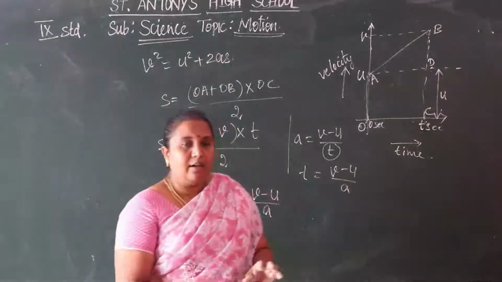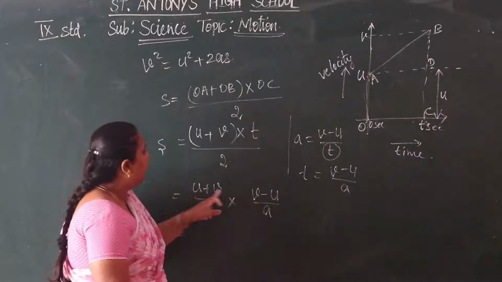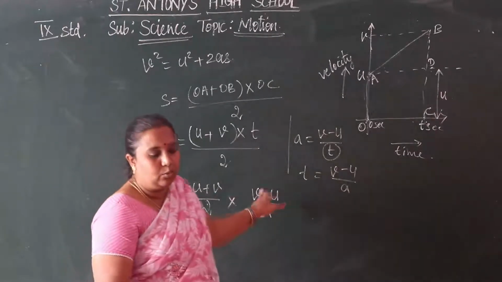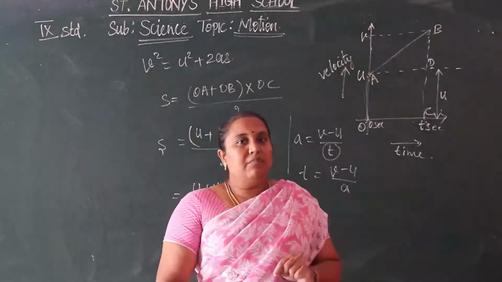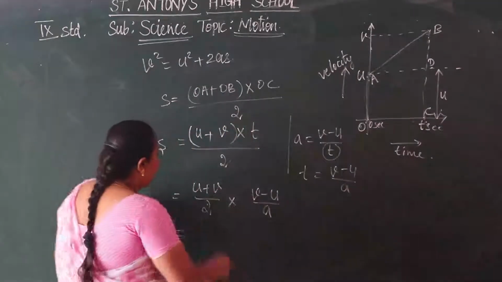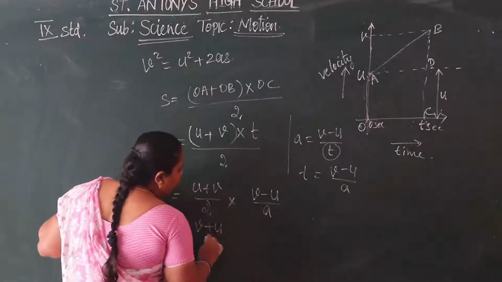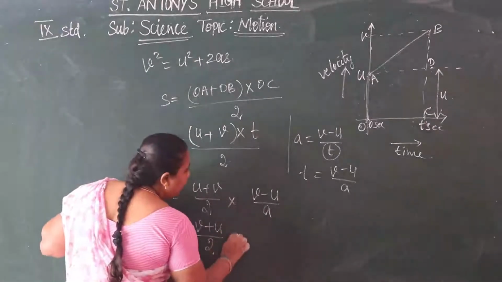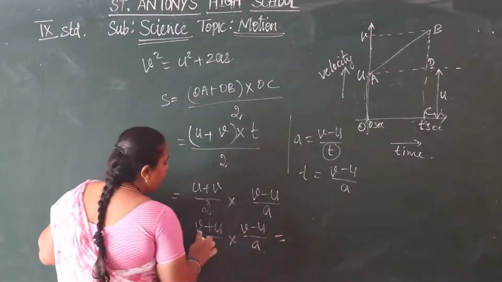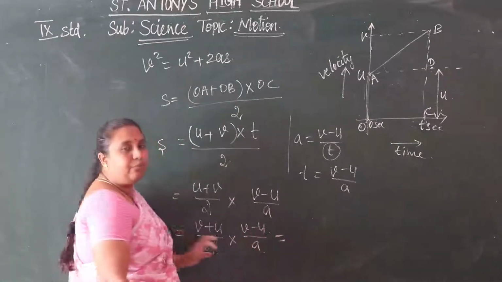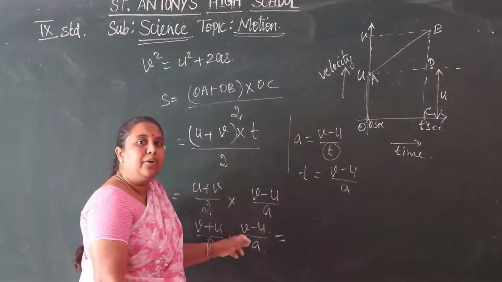So here we have u plus v into v minus u. This we can write as v plus u into v minus u by 2a. So v plus u into v minus u, we can write as a plus b into a minus b.